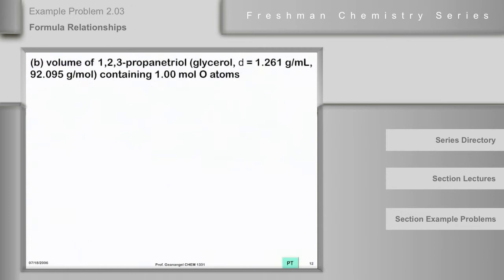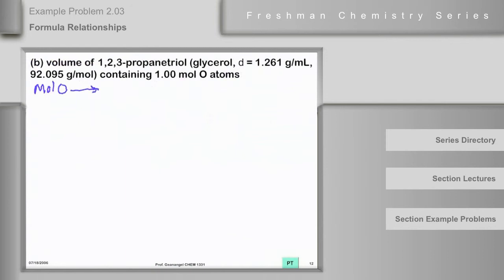The volume of 1,2,3-propane triol, which is called glycerol, which has a density of 1.261 grams per milliliter and a molar mass of 92.095 grams per mole, containing 1 mole of oxygen atoms. Okay, so we're going to start with 1 mole of oxygen atoms.